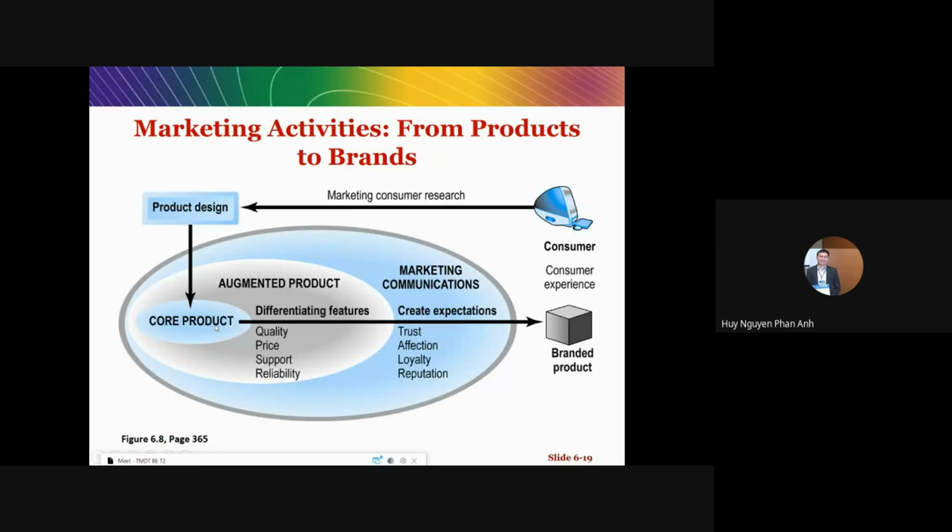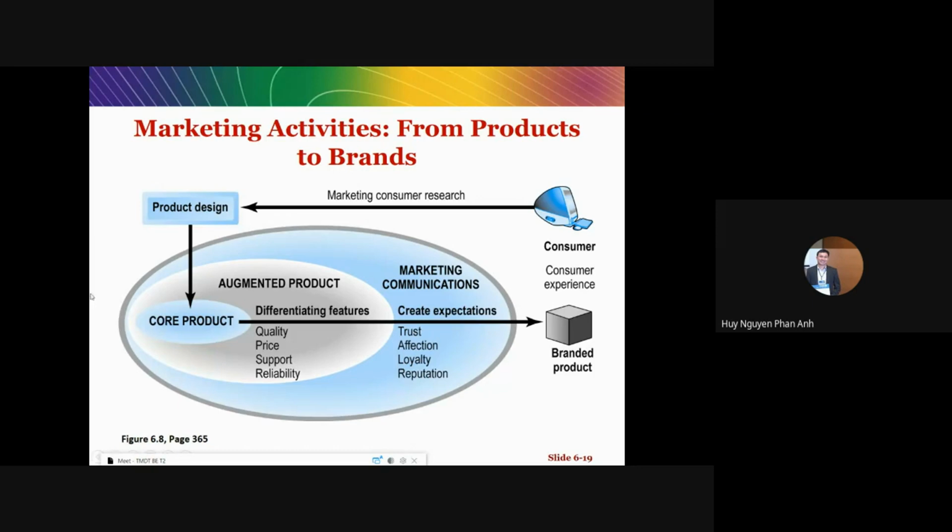For example, they create the iPhone, right? The first core products. And then Apple, they create some of the augmented products as well. They will differentiate some features from the other phones.